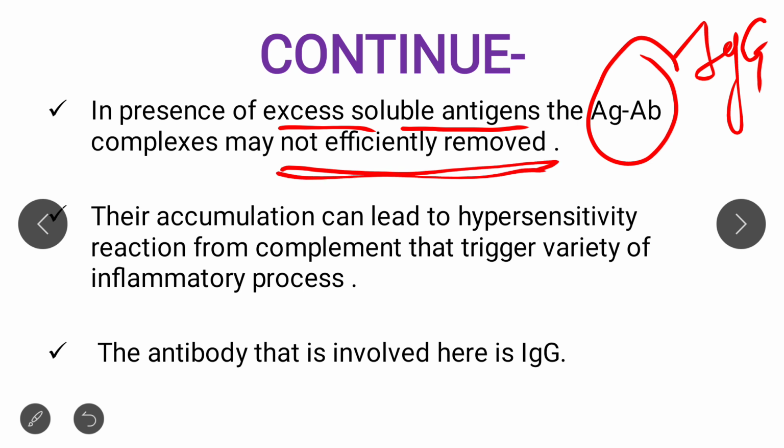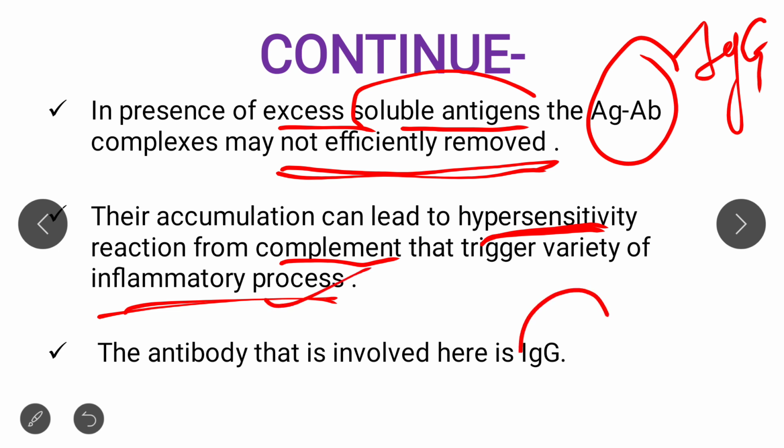They are incapable of removing all those soluble antigens, so their accumulation leads to a hypersensitivity reaction through the complement system, and the complement system triggers the inflammatory process. Clear? And mainly the antibody involved here is IgG. Please remember this point. So this is all about type 3 hypersensitivity.